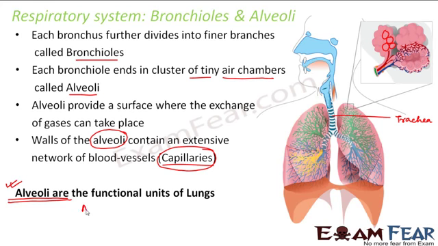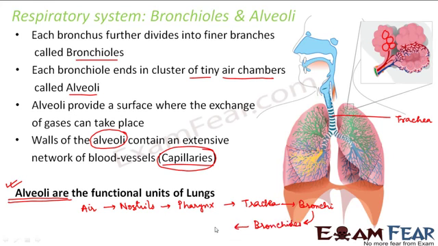We saw that the air which we breathe in enters through the nostrils, then reaches the nasal cavity and then the pharynx. From the pharynx it reaches the trachea. From the trachea it branches out to form the bronchi. The bronchi further branch out into bronchioles, and the bronchioles then end up in balloon-like tiny air chambers called alveoli.